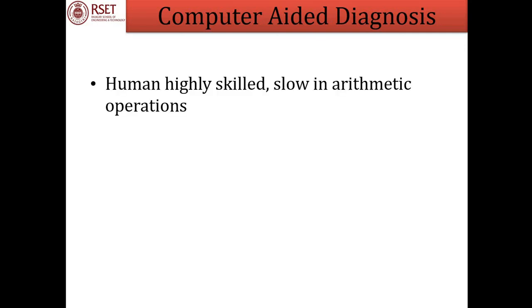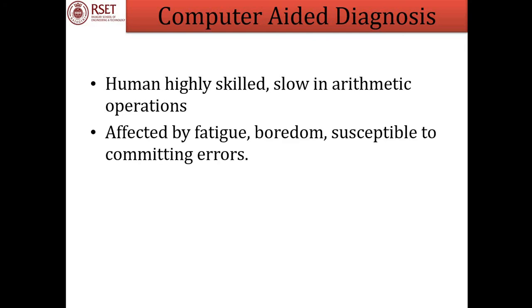To conclude, even though man is highly skilled, it is found that he is slow in arithmetic operations. He is also affected by fatigue, boredom, and is also susceptible to committing errors.